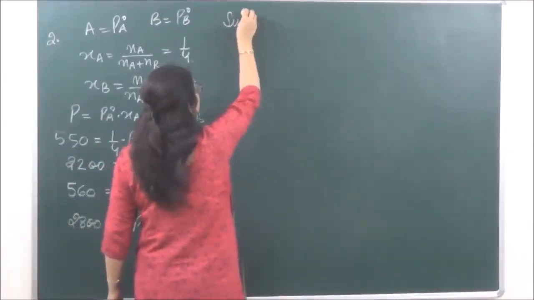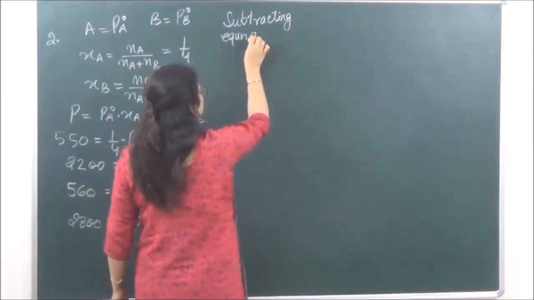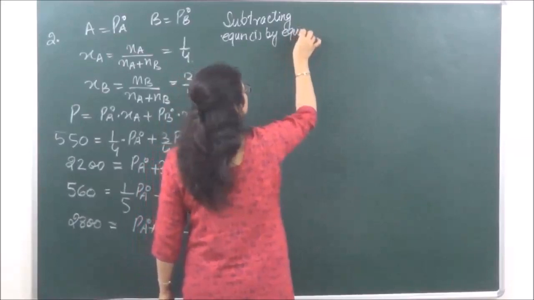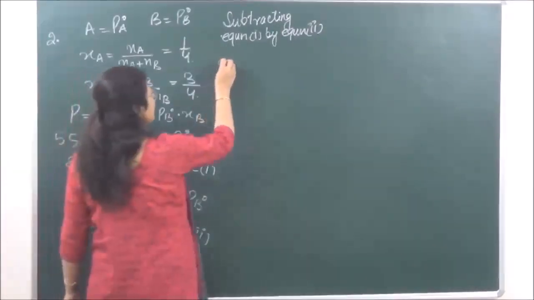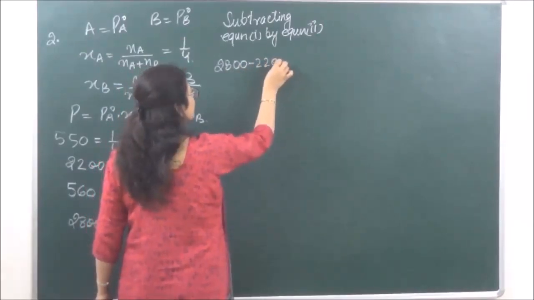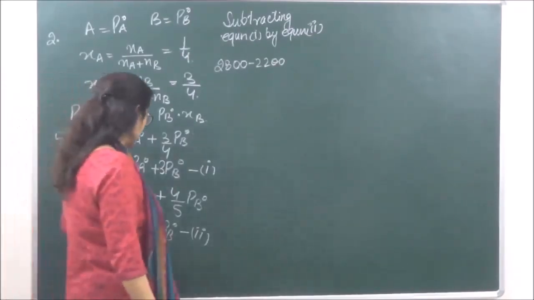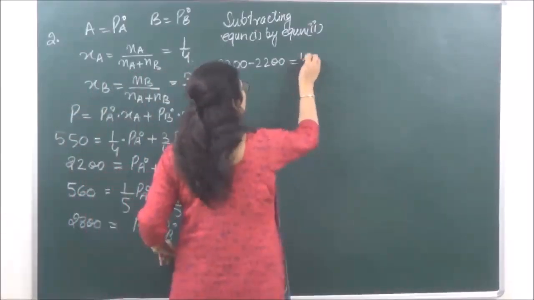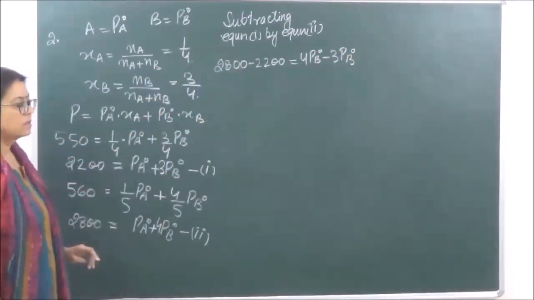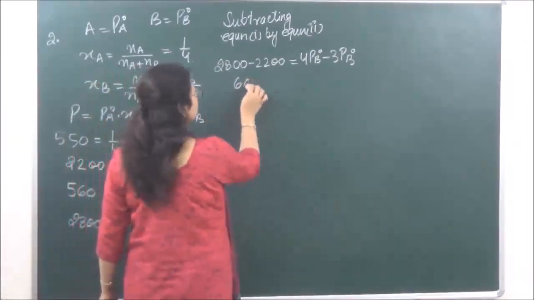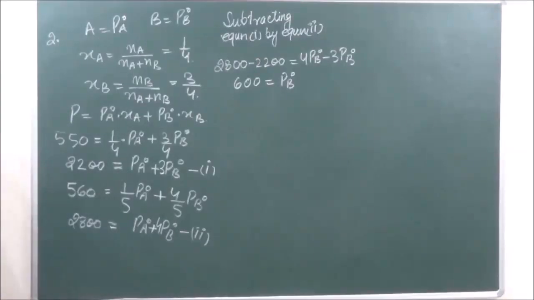We have 2800 minus 2200 equal to PA naught cancels out PA naught, so we have 4 PB naught minus 3 PB naught. 2800 minus 2200 is 600, and this is PB naught. So PB naught is equal to 600.